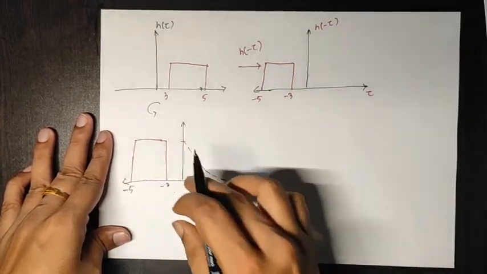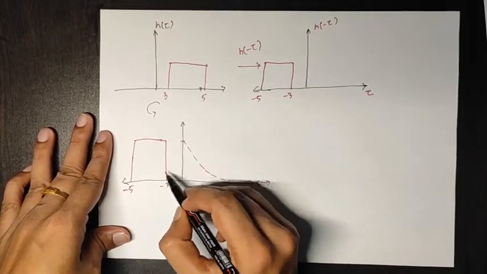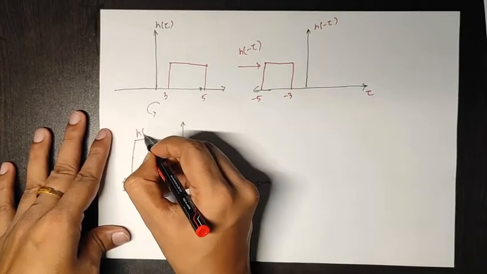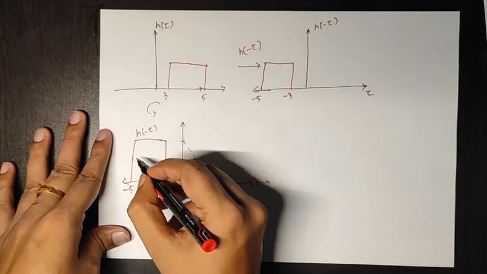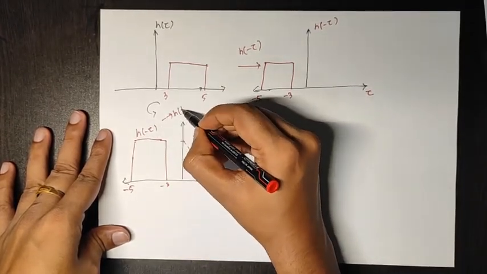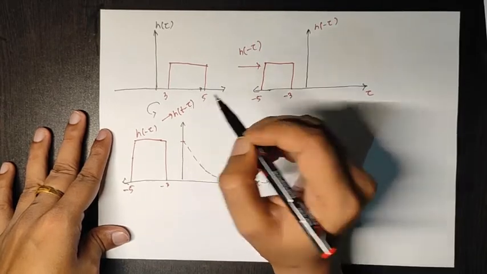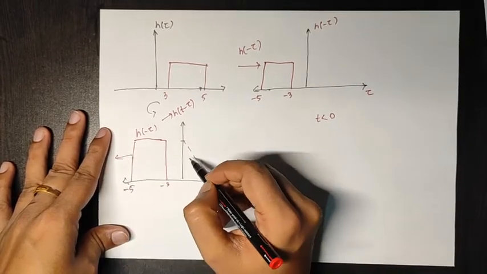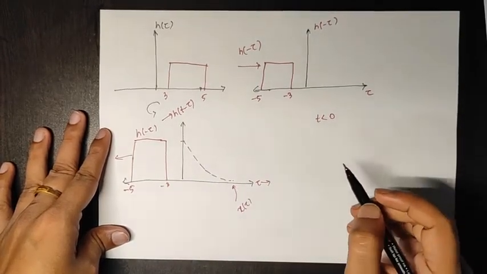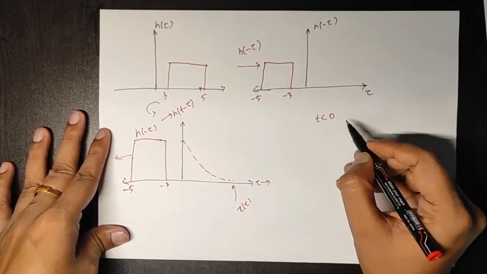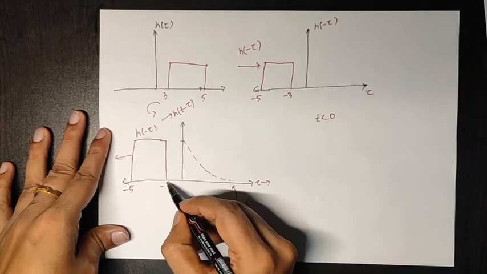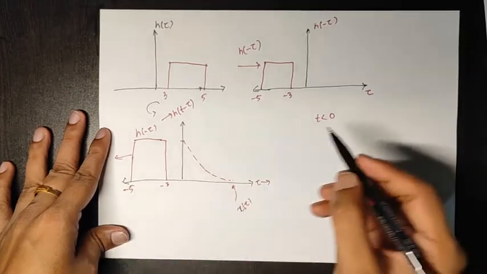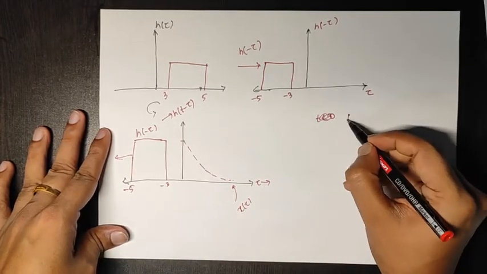Now here you can see, because this is here, there is already no area product. Now this is h of minus tau. Now what we have to do, we have to find h of t minus tau to find the area product. Now if we take t less than 0 and shift further leftward, there will be no area product.